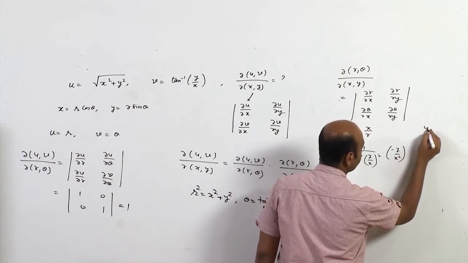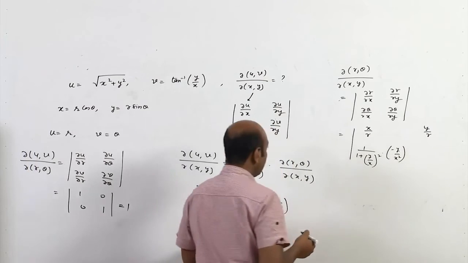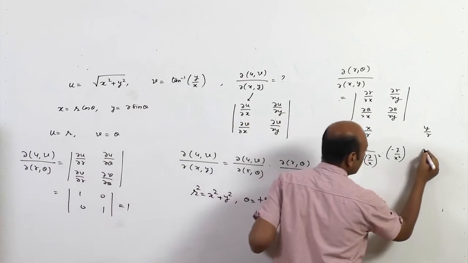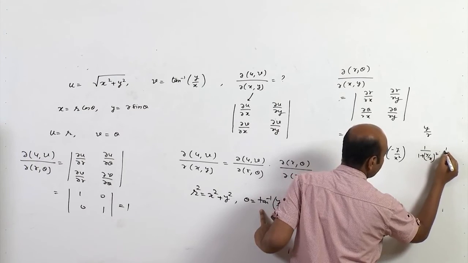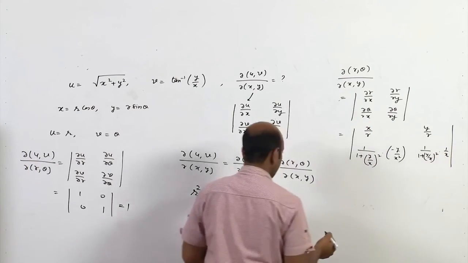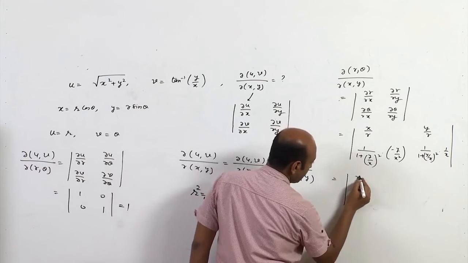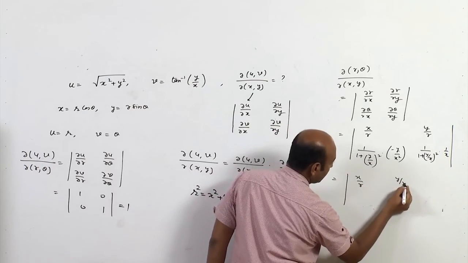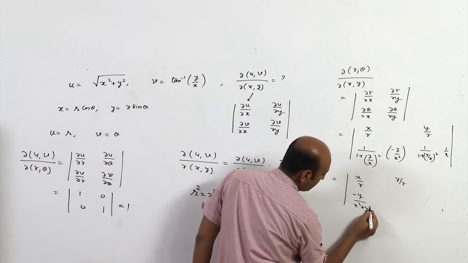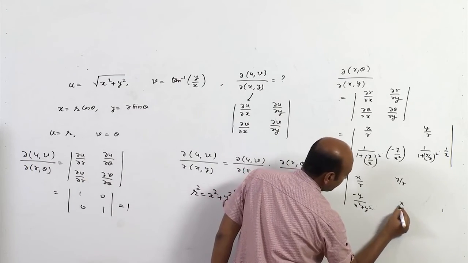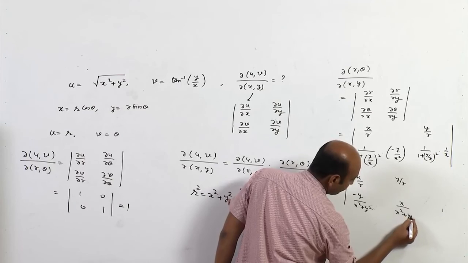And del theta by del y is 1 upon 1 plus y by x whole square into 1 by x. So, that is x by r, y by r, and minus y upon x square plus y square, and x upon x square plus y square.